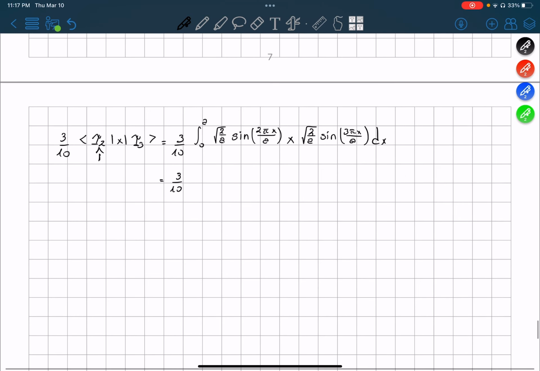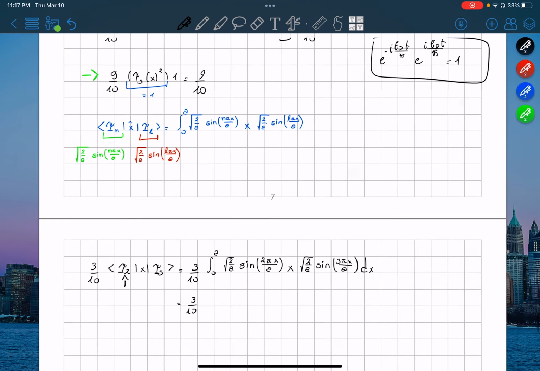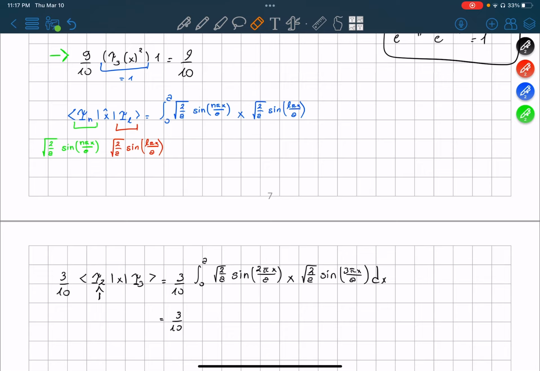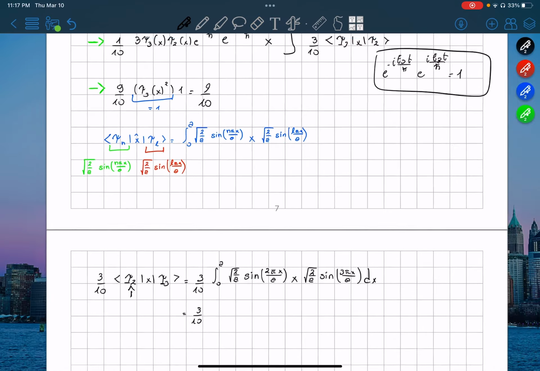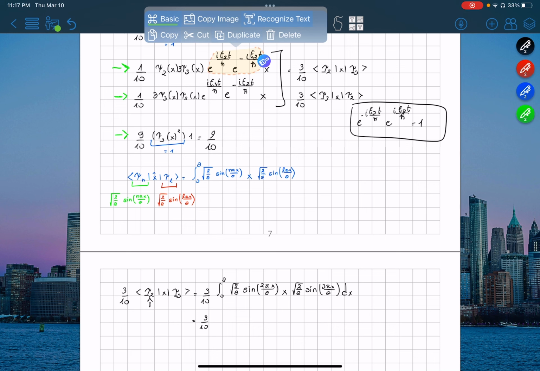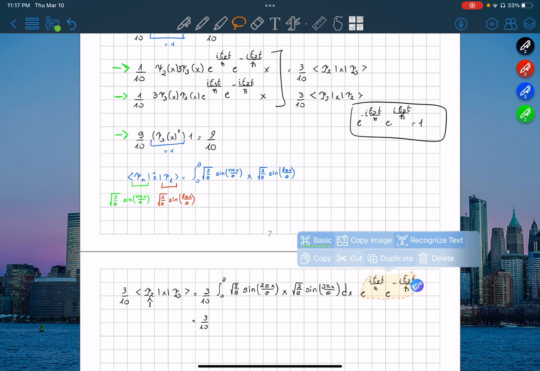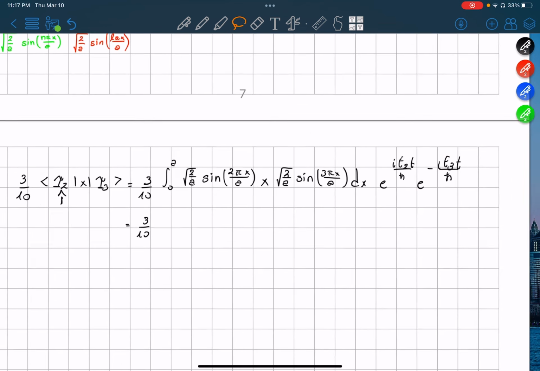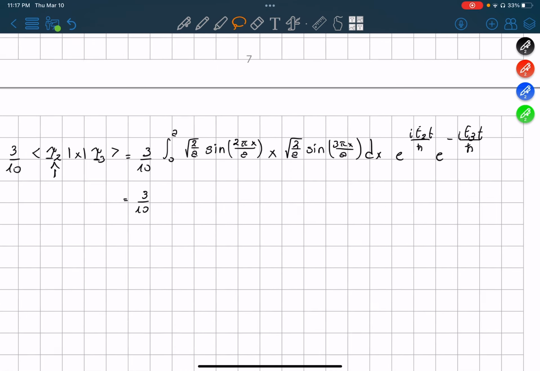Oops, I forgot to rewrite the time interval, because the functions that we looked at over here were not a capital, they were just the little psi. So I'm going to take this part over here, because we're talking about capital psi, and paste it over here. It doesn't really matter because it's not going to be integrated in terms of time anyway.